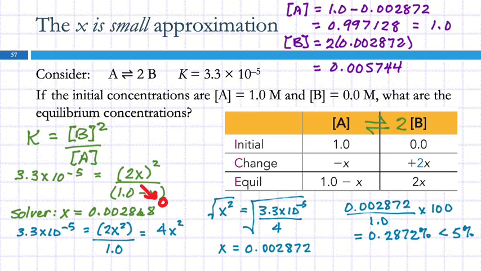And we want to consider sig figs, but we don't want to think too hard about it. Okay? So this has 2 sig figs. That has 2 sig figs. This has 2 sig figs. 2 is probably good, right? So we'll call this 0.0057 molar. And this one was 1 molar.